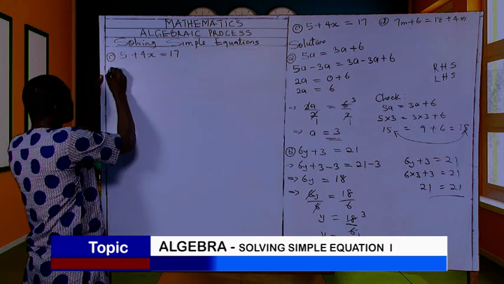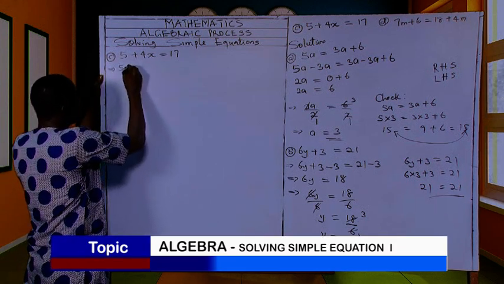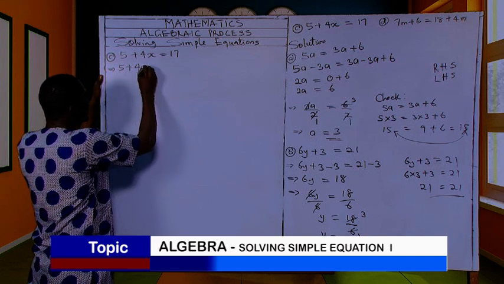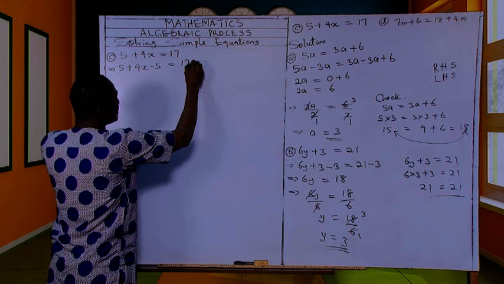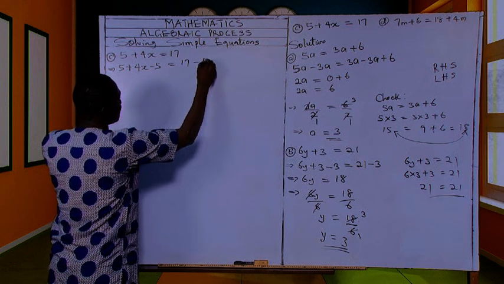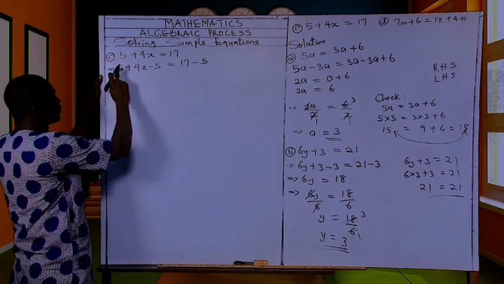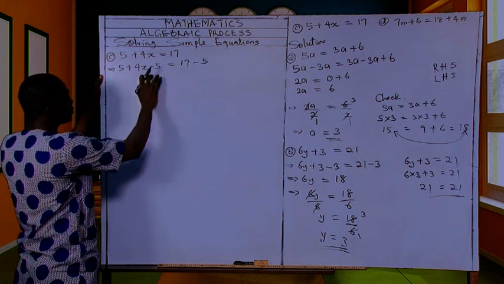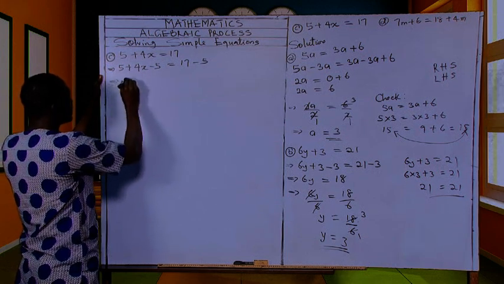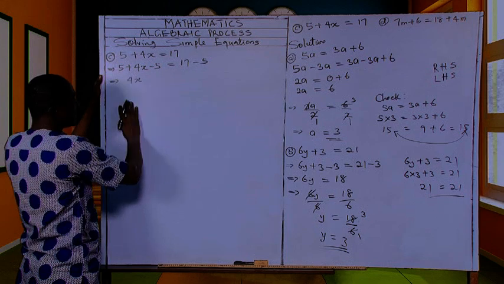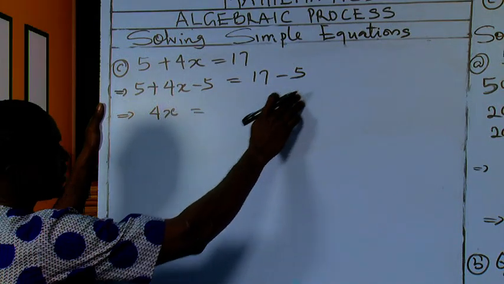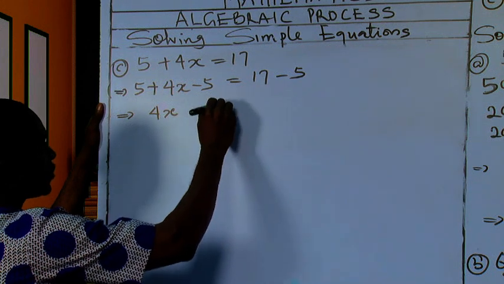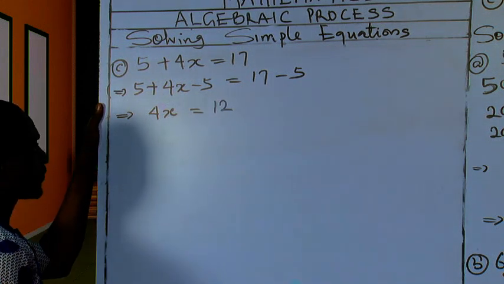So we have 5 plus 4x minus 5 equal to 17 minus 5. 5 minus 5 will give us 0, and we'll be left with 4x. And 4x will be equal to 17 minus 5, which will give us 12.